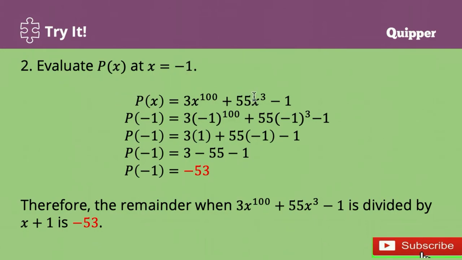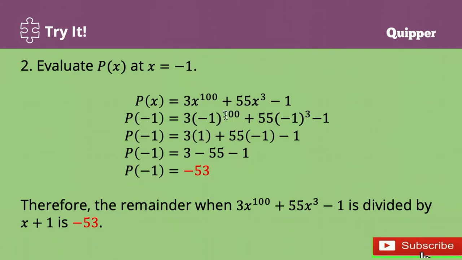Here's the p of x, then substitute the value of x, which is negative 1, and we have this 3 times negative 1 to the power of 100 plus 55 times negative 1 cubed minus 1. Negative 1 to the power of 100, that is just 1.